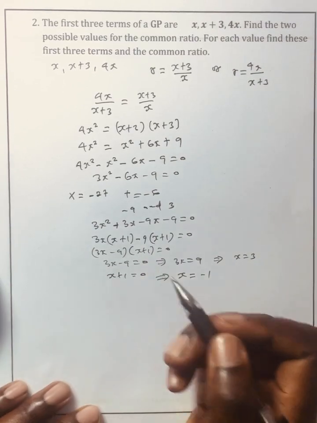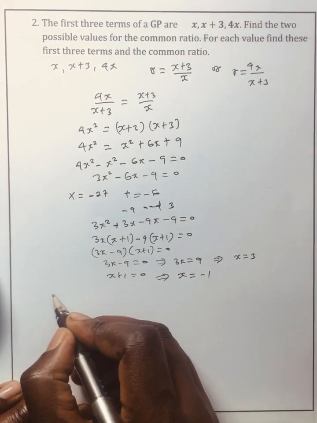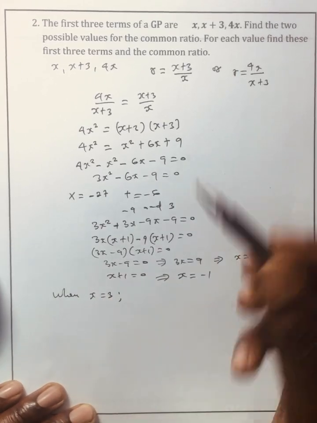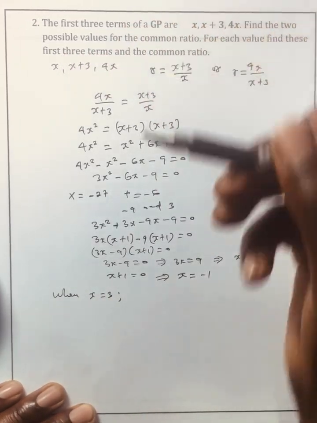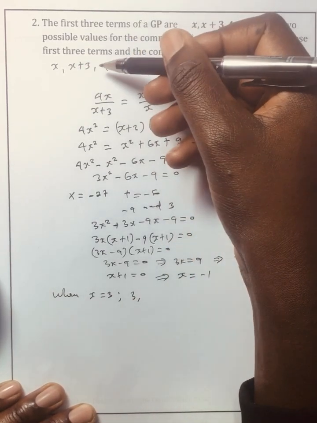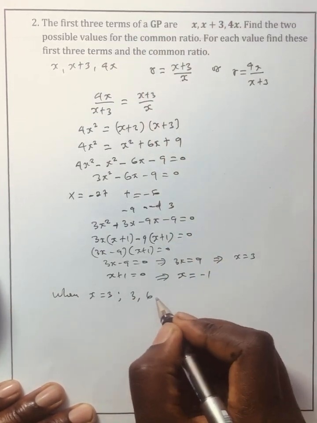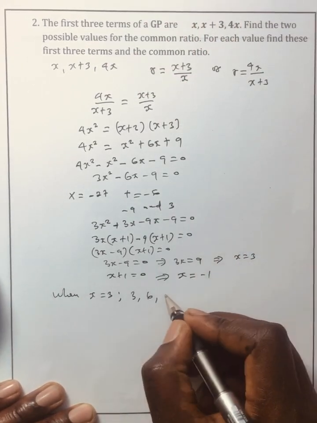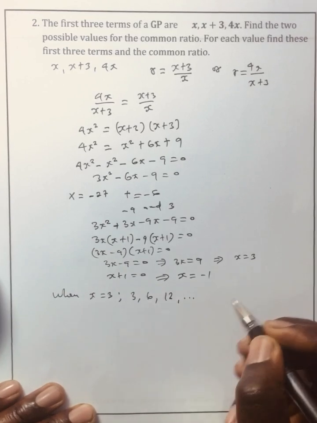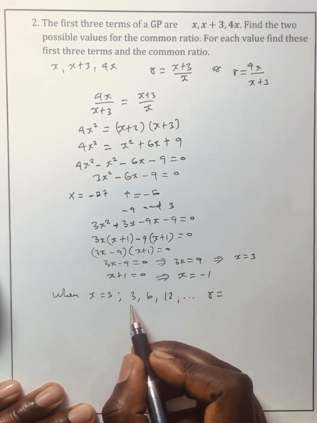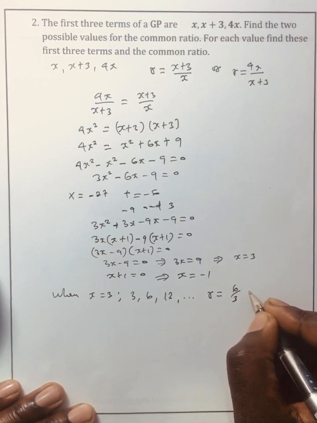When x is equal to 3, we'll have the GP as x, which is 3, then x plus 3, that is 3 plus 3, which is 6, then 4x, that is 4 times 3, which is 12. In this case, the common ratio will be the same as 6 over 3, which is 2.